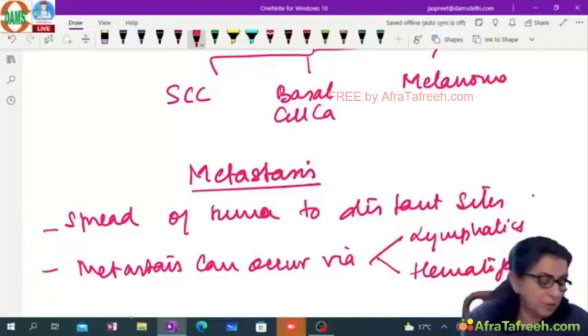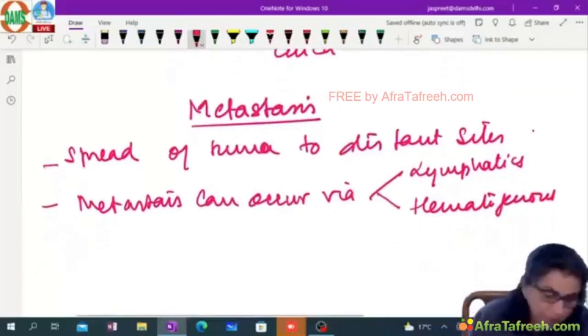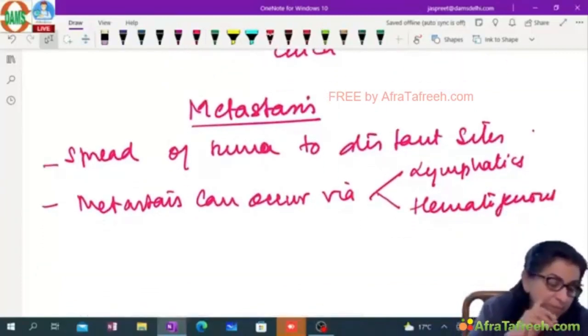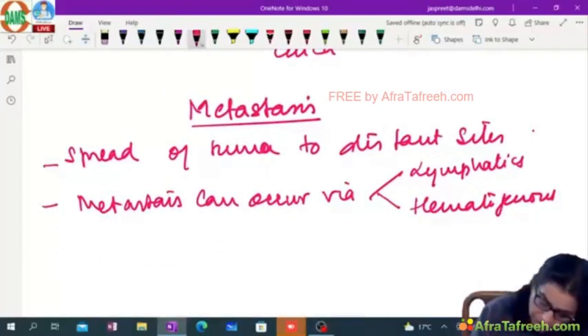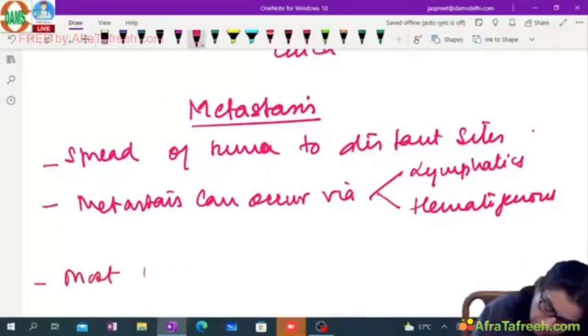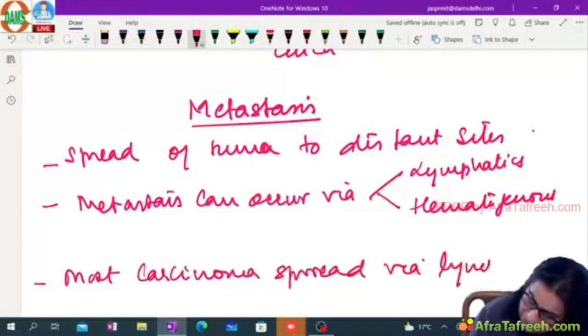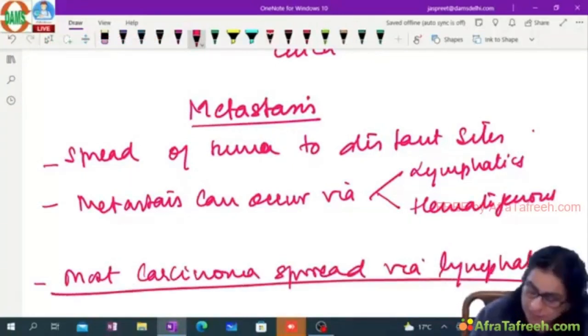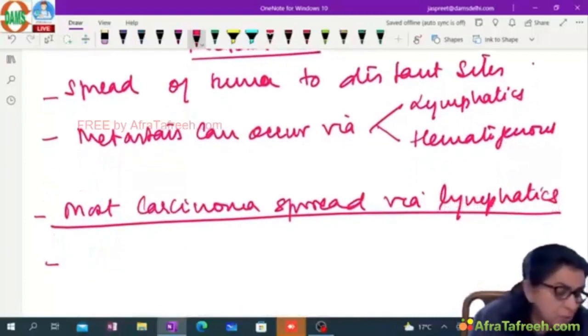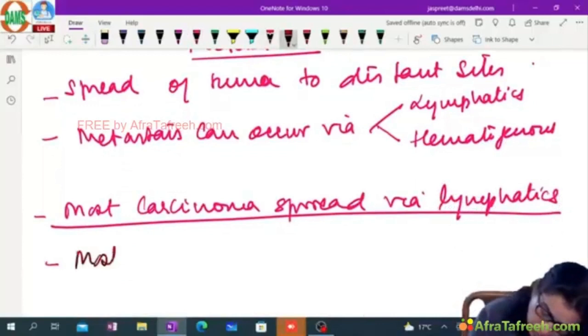So lymphatic spread or hematogenous spread. Now, very important, most carcinomas spread via lymphatics.